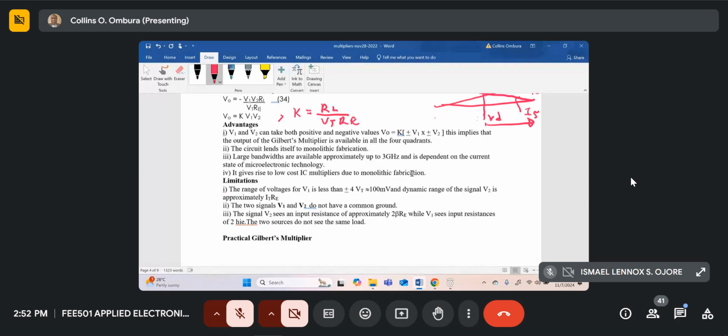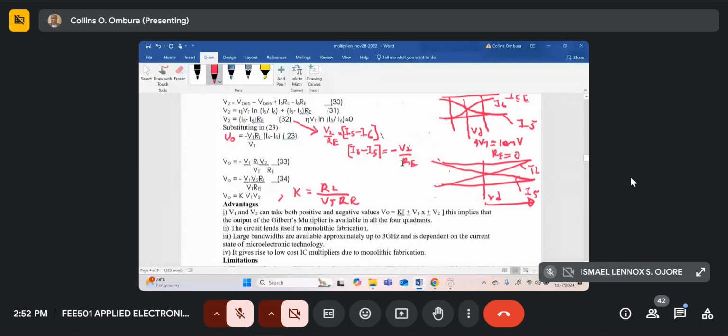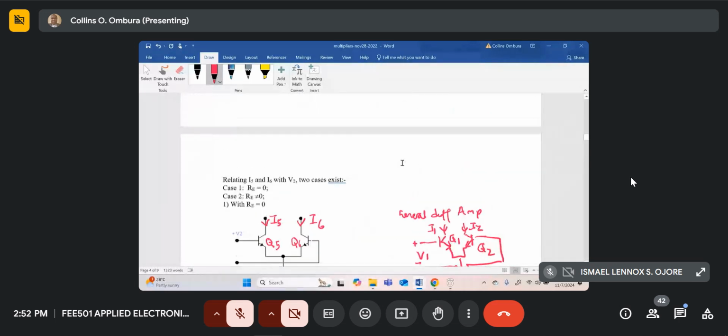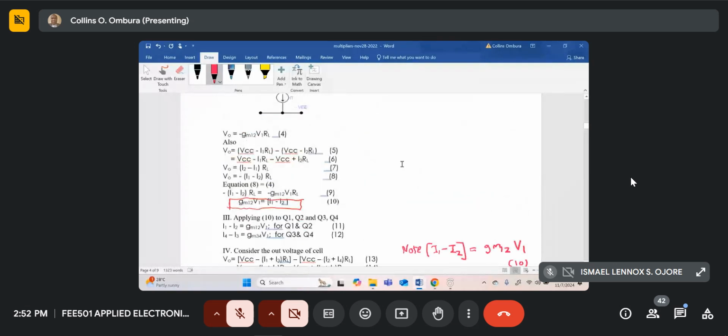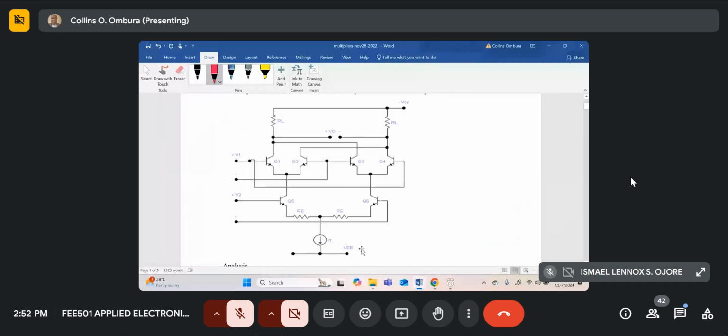Now, the limitations of this circuit, the Gilbert's multiplier that I've just shown over here, is that number 1 is the range of the signal V1 is less than 4 VT. That's because if you look at the top transistors, Q1, Q2, Q3, Q4.